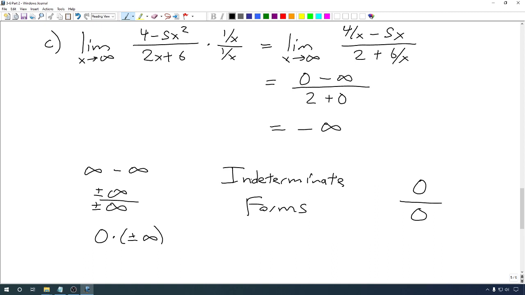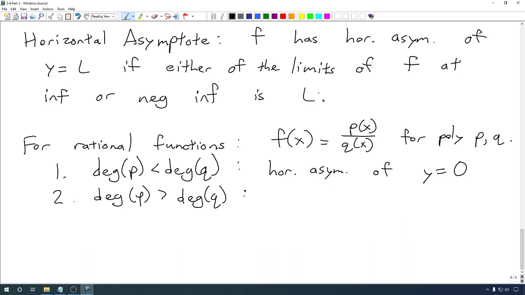And so we end up with stuff on the bottom going to a finite number, and stuff on top going to some version of infinity. In other words, we do not have a horizontal asymptote. We do not end up with a finite limit. We end up with infinity or minus infinity overall. The case that we are left with, though, is when the degrees are actually equal to each other.